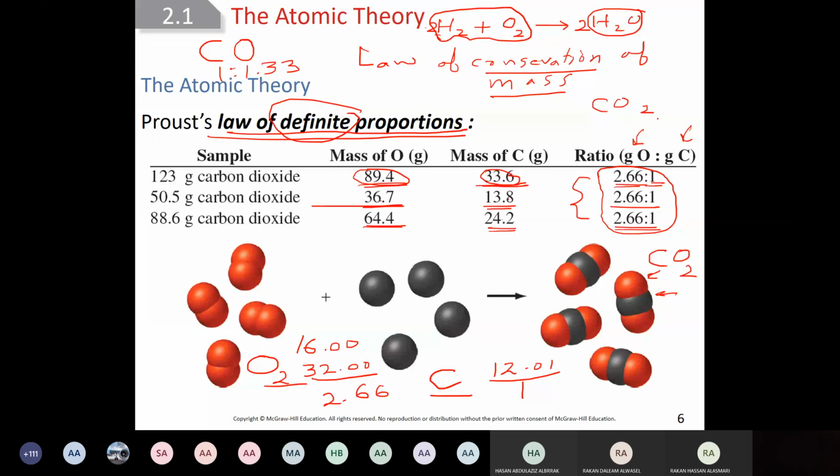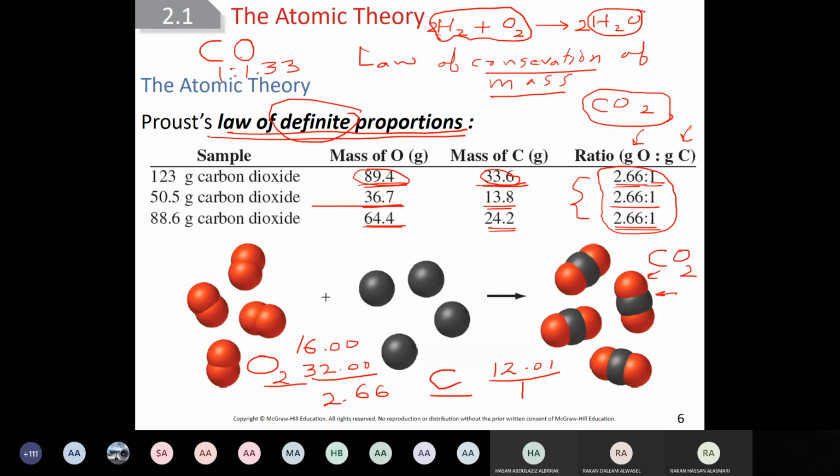The law of definite proportion is only for the same compound. All right? Again, I repeat one more time. In any compound, like for CO2, the ratio of carbon to oxygen is always constant. The ratio in CO2 is always 2.66 to 1.